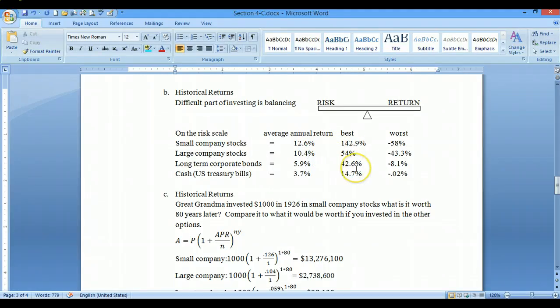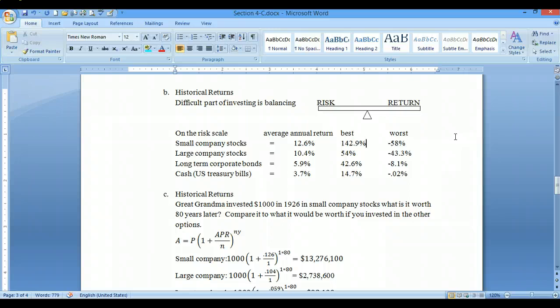Corporate bonds, a lot less risk, which means a little less return. Cash, again, less risk, less return. The best on a small company stock, if you find the right kind of company to invest in, which is why you have to do a lot of research, was 142.9%.